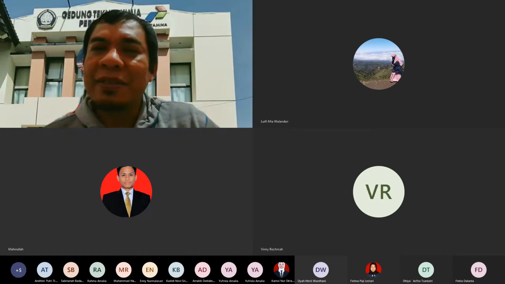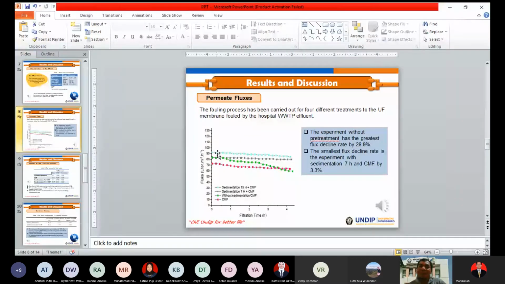Usually we use hydrochloric acid or another acid to dissolve the fouling on the membrane, but when he did only backflushing, the fouling was already dismantled from the membrane. So it is likely only a physical interaction between the pollutant and the membrane surface.